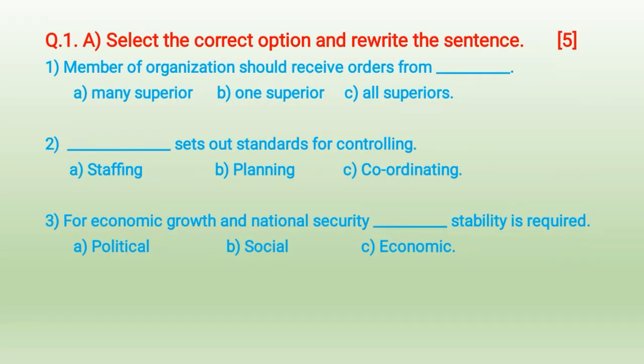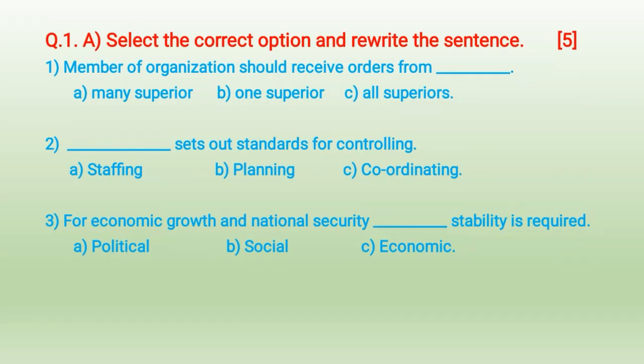How will you solve it in your answer sheet? See, I have given here what the examiner expects from you. Now see the first fill in the blanks: a member of an organization should receive orders from dash dash.